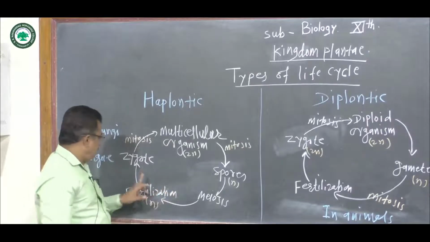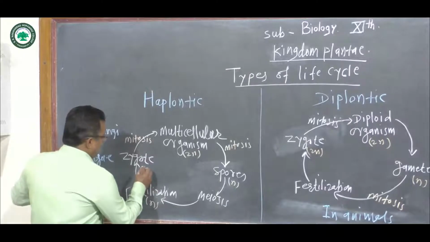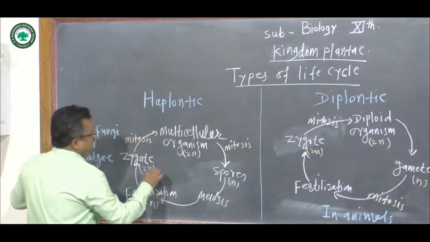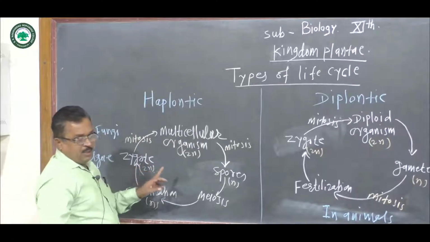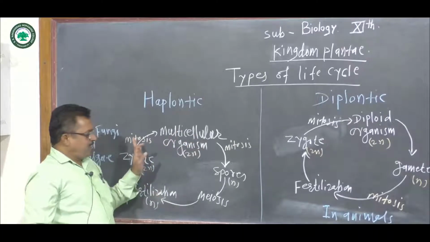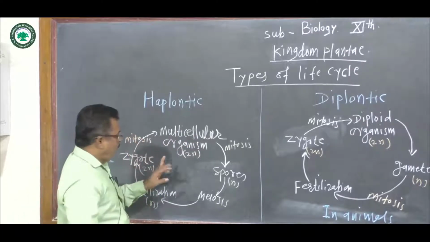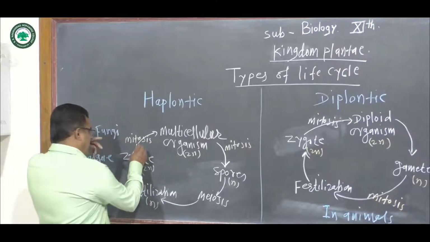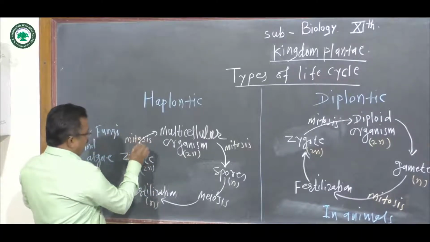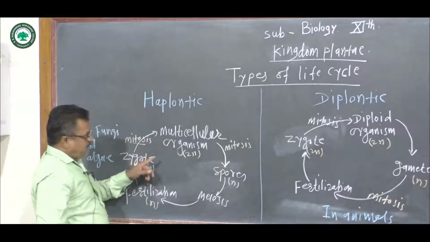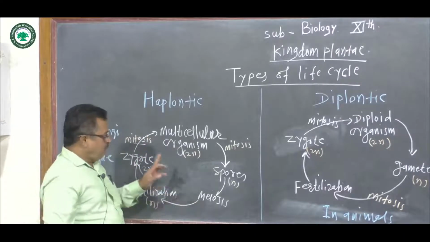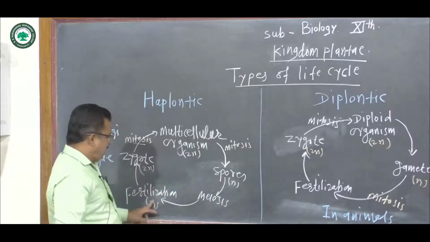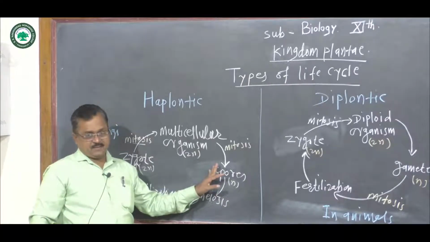After the fertilization, zygote is formed. Here zygote is a diploid phase. In the life cycle, there are the haplontic phases, that is zygote, then spores are formed. Means in the life cycle, the dominant phases are the haploid phases.